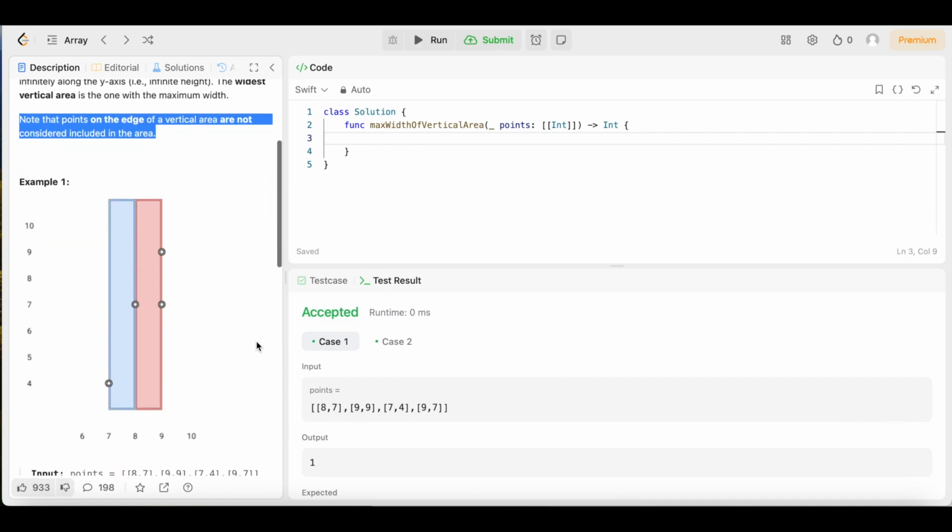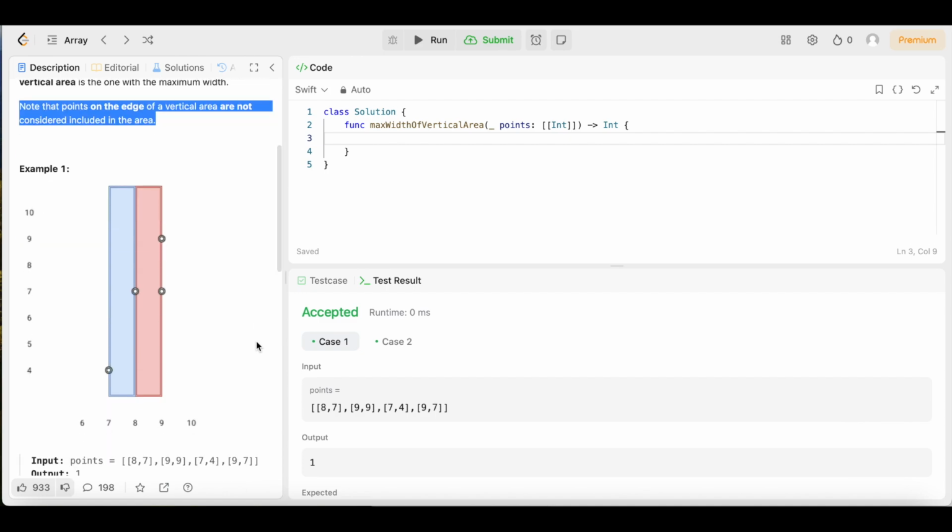So let's break that down. They make it seem a little confusing, but it's really not confusing. We just want to find the greatest area between 2 points, right? We don't have to go diagonal. For these points, we're only worried about the x-axis.